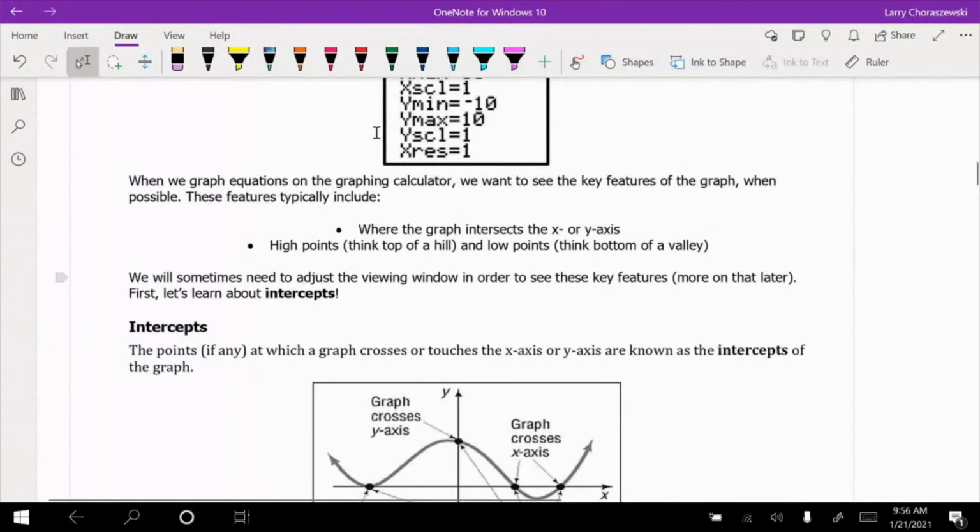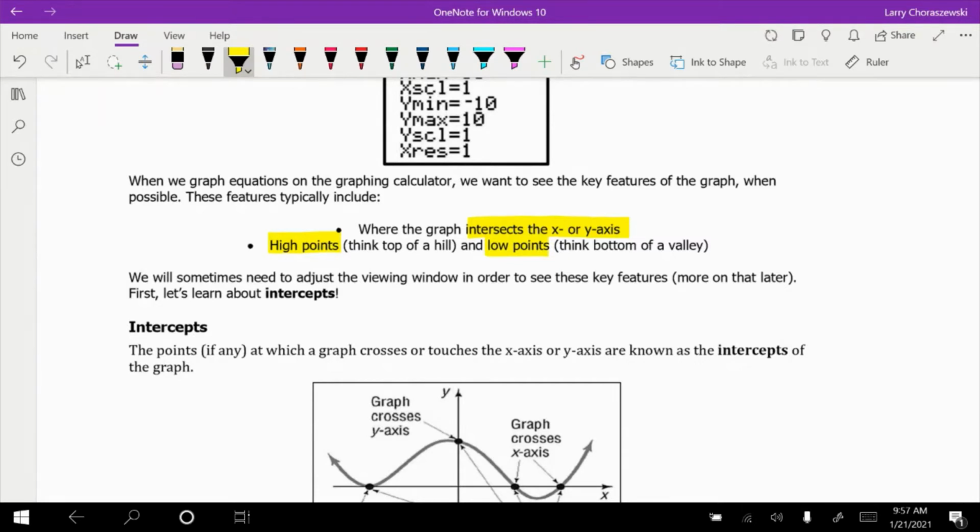I just want to remind you what we're looking for when we graph an equation on the graphing calculator. We want to see where the graph intersects the x-axis or the y-axis. In some cases, it might intersect one and not the other. We also want to find high points, think top of a hill, and low points, think bottom of a valley.